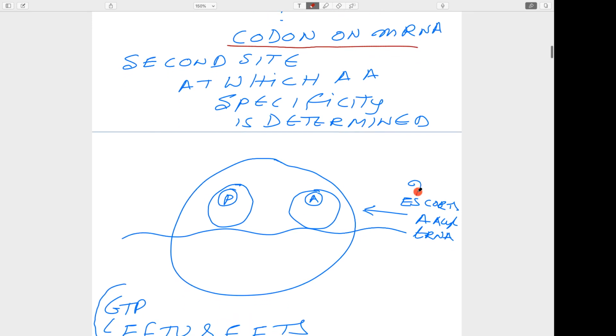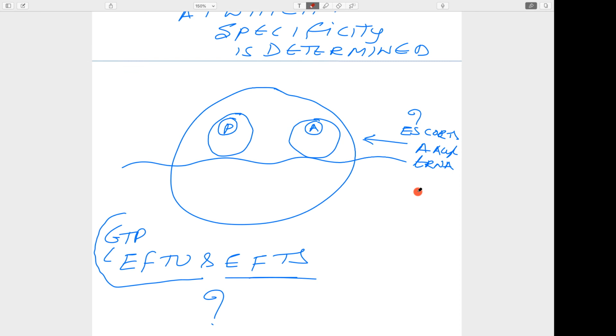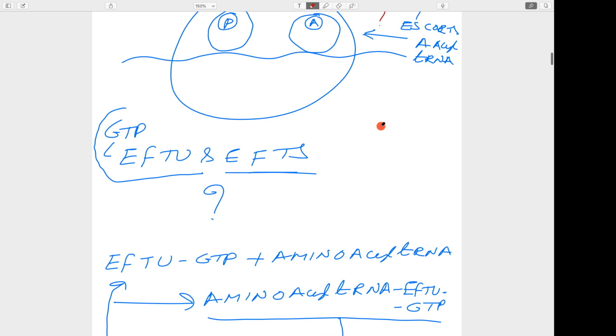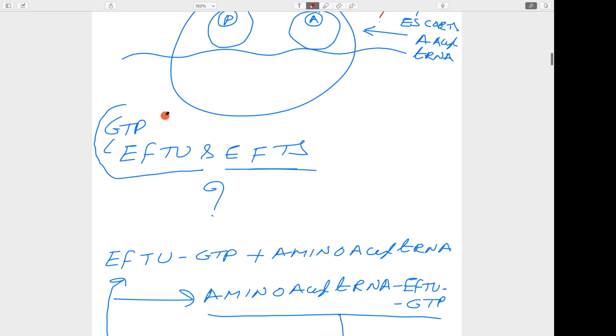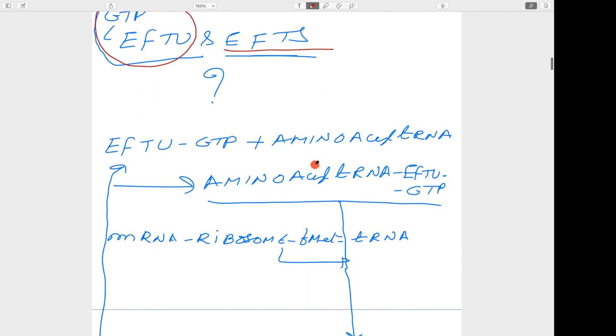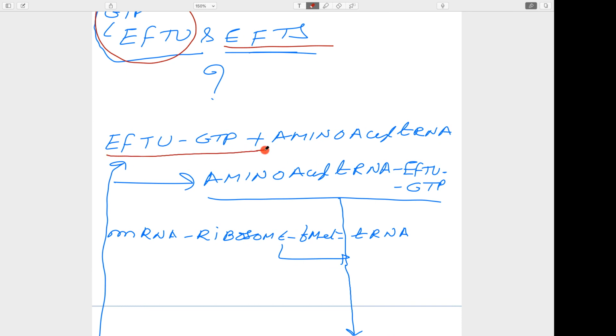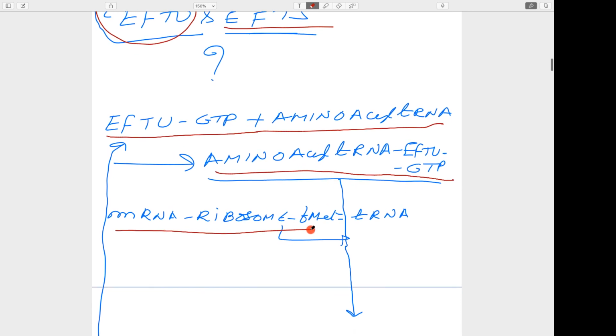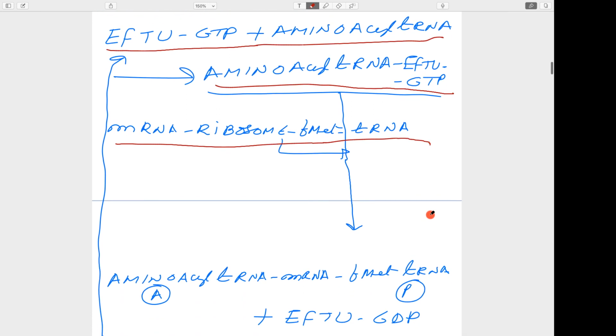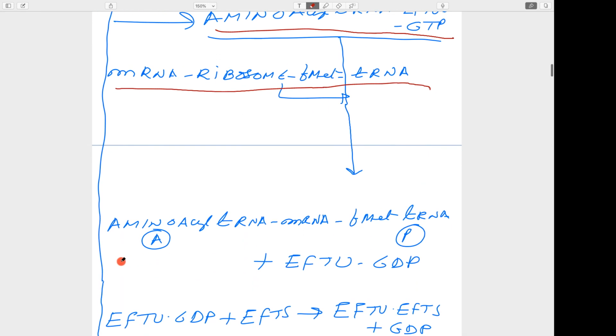Who escorts this amino acid transfer RNA to the A site? There is a complex, GTP, EF-Tu, EF-Ts complex. The EF-Tu GTP participates, and EF-Ts regenerates EF-Tu GTP. The amino acid transfer RNA combines with EF-Tu GTP and interacts with the messenger RNA, ribosome, and formyl methionine transfer RNA.